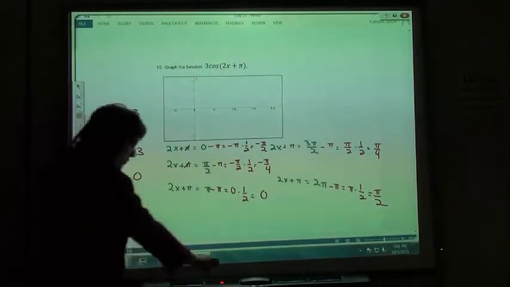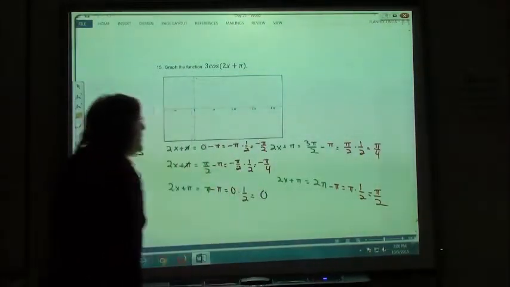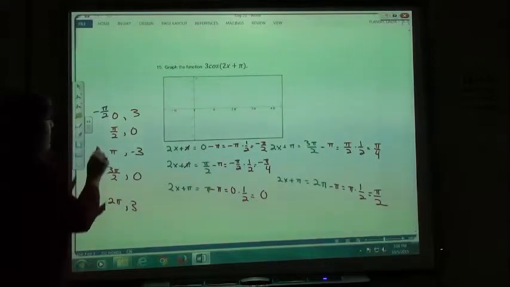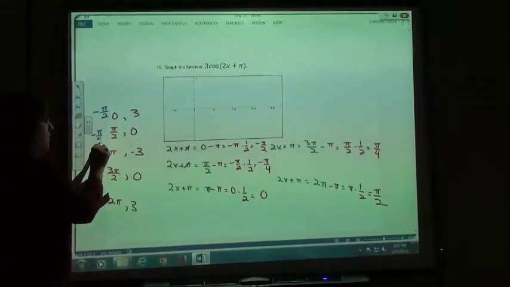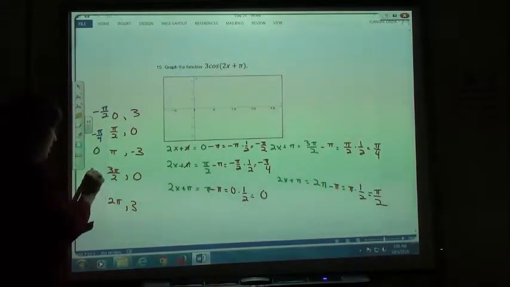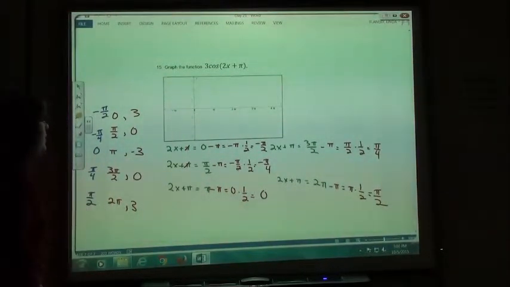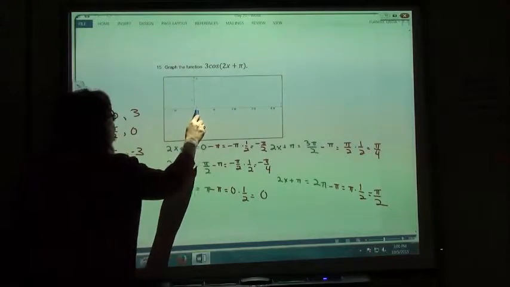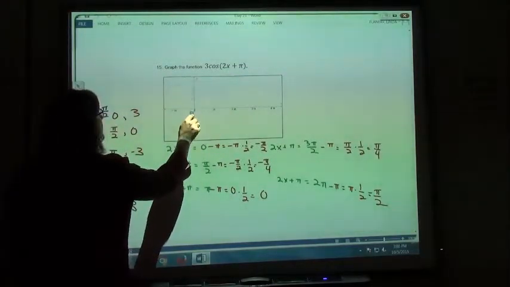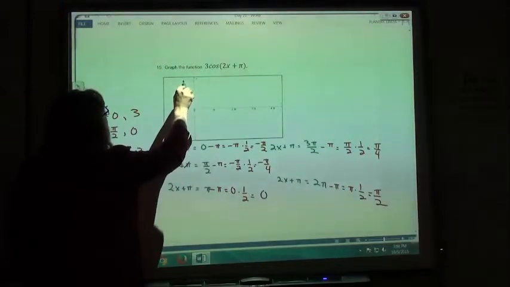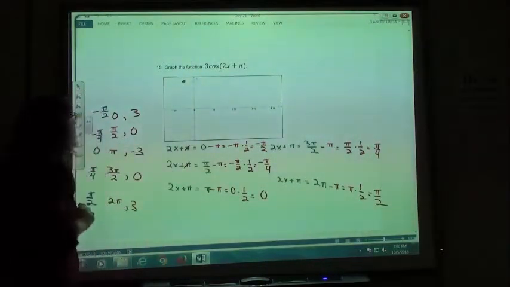So our new values. We're going to have negative pi over 2, negative pi over 4, 0, pi over 4, and pi over 2. So these are in fourths, 1, 2, 3, 4. So negative pi over 2 would be at a positive 3, because I'm doing the cosine curve, I go up first.